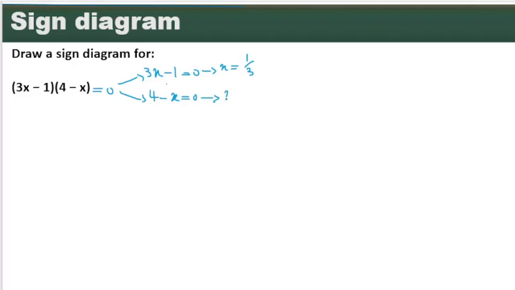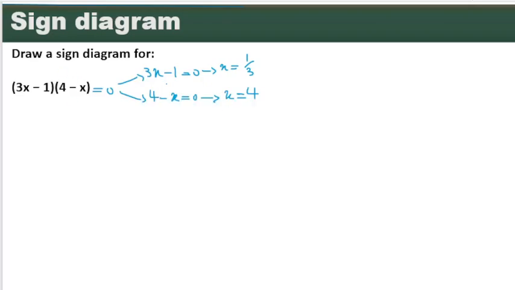Then I bring x to the right side, and dividing both sides by the negative sign gives me x equals 4. The two values of x, 1/3 and 4, are my critical points.